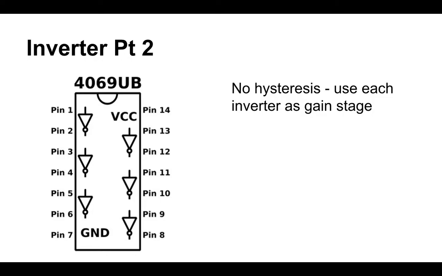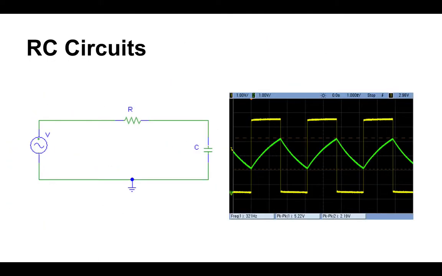So what is the 4069 for? This is another inverter, right? It's very similar to the first inverter that we talked about, the 4106. But because there's no hysteresis, you're not going to get, here I'll show you, this nice yellow square wave output tone, right?